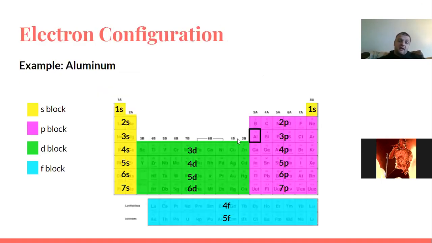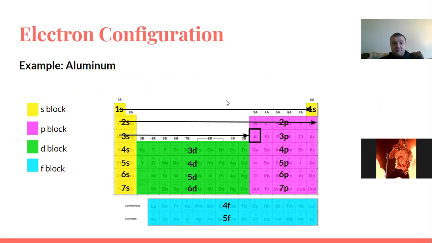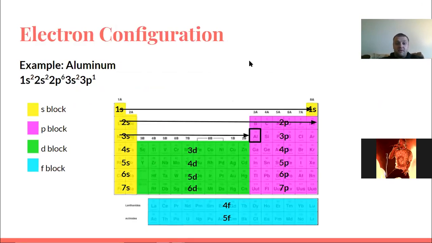Yesterday our example was aluminum. What we dealt with and talked about is that you have to go across the periodic table and fill in as you go across. So we talked about the S, P, D, and F block. When you go across, you have 1S, 2S, and that's based on what row you're in.